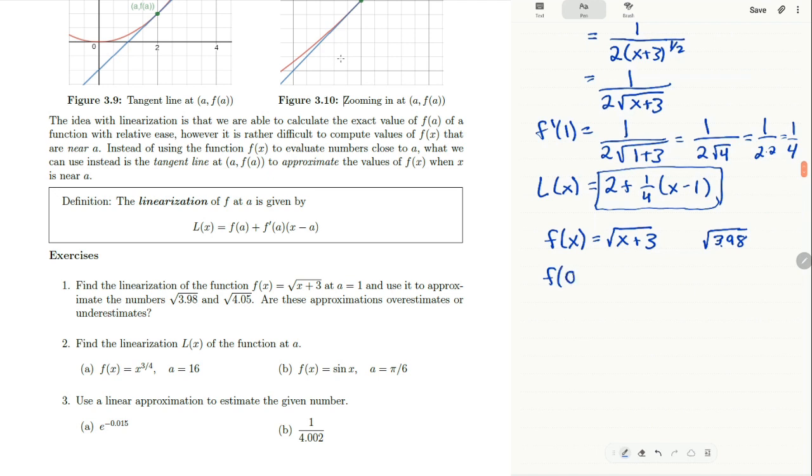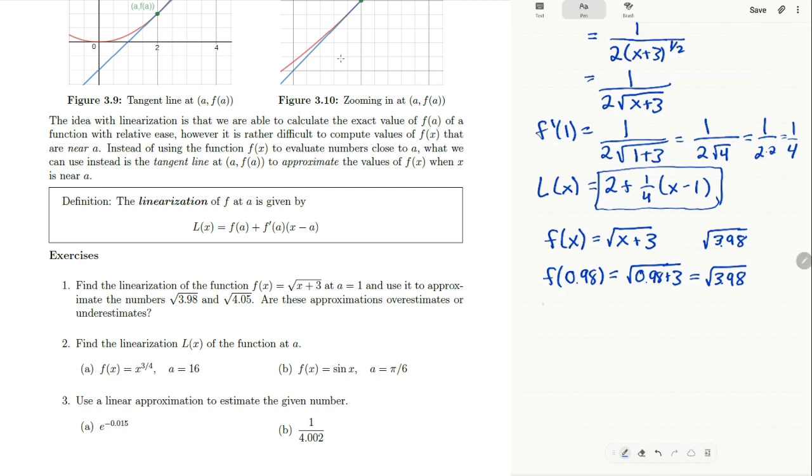So if x was equal to 0.98, then f of 0.98 would be the root of 0.98 plus 3, which is equal to root 3.98. So this tells me that x has to be 0.98, and then we can use this to approximate this value by substituting this into our linearization.